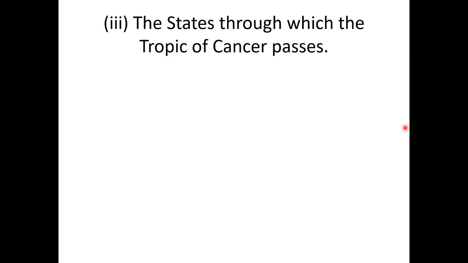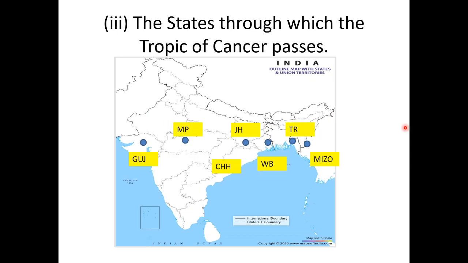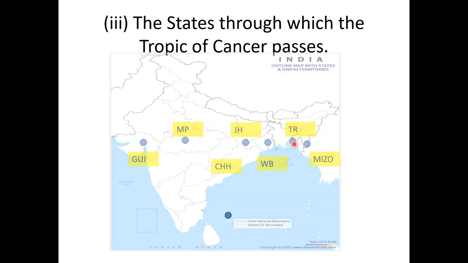Now we move on to the next. The states through which the Tropic of Cancer passes. Okay, you know the Tropic of Cancer passes through the middle of the country, divided country into two equal parts. The Tropic of Cancer passes through Gujarat, Madhya Pradesh, Chhattisgarh, Jharkhand, West Bengal, Tripura, and Mizoram.